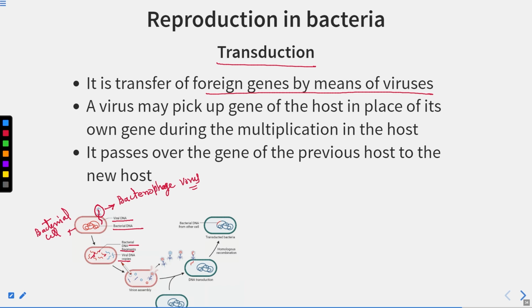It takes the machinery, the enzymes of the bacterial DNA, and multiplies itself, because it does not have any enzymes of its own that can replicate the viral DNA. It takes up the machinery or the enzymes of the bacterial DNA and replicates, multiplies it. So now here you can see the viral DNA copies. Now what happened?